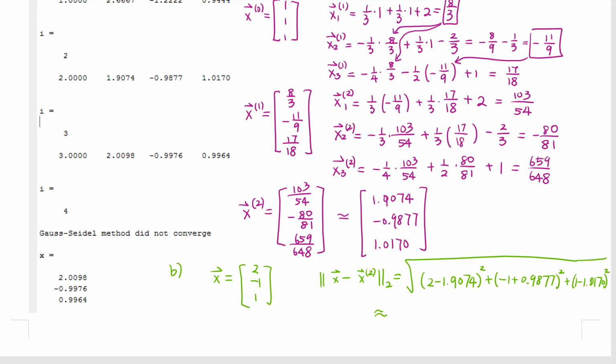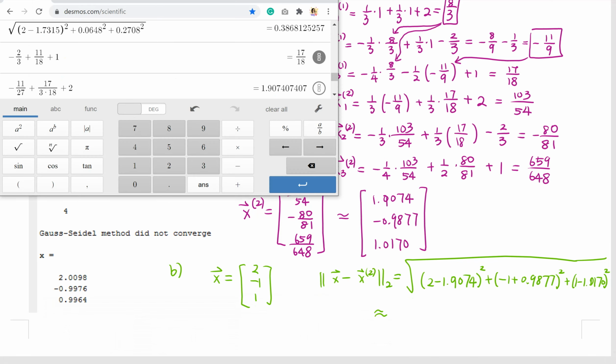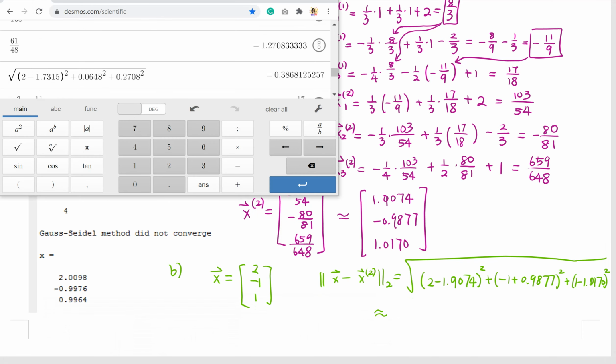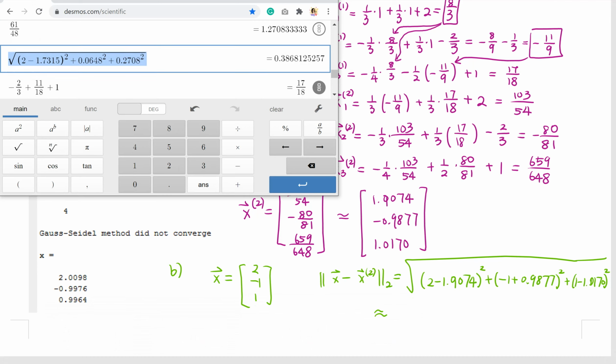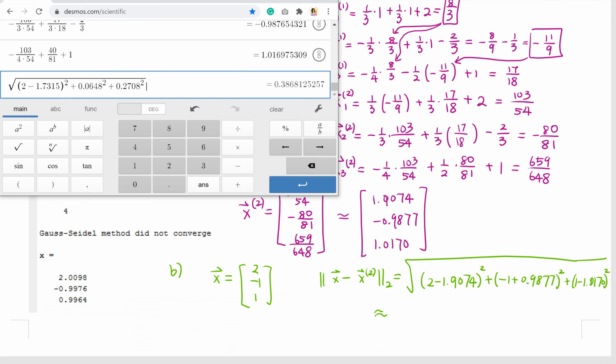Let's see. So that answer equals, let me just copy this down. I don't need to type the whole thing again. 2 minus 1.9074, and so 1 minus that.